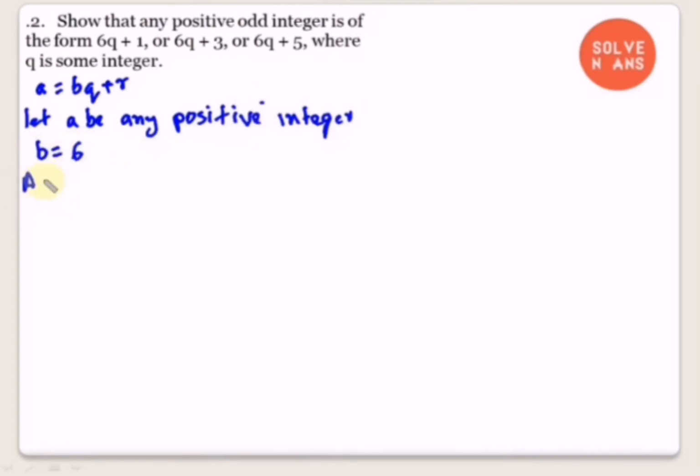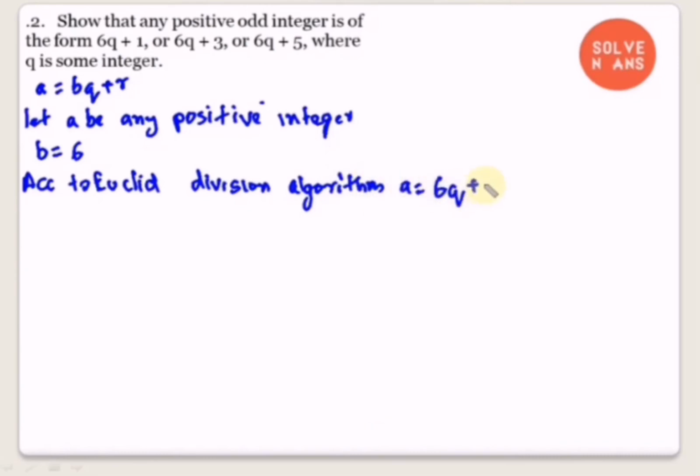So according to Euclid's division algorithm, a is 6q plus r.